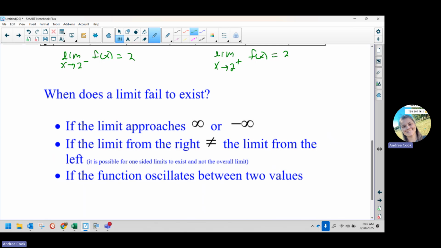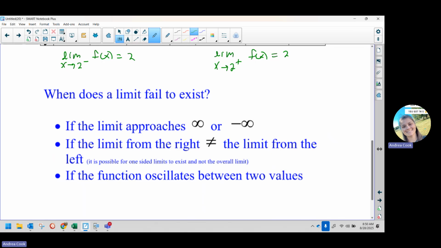It's possible for one side limits to exist, but not the overall limit. And if a function oscillates between 2 values, that means it jumps. Like usually what happens is it jumps from positive to negative, positive to negative, so it's oscillating between 2 values.